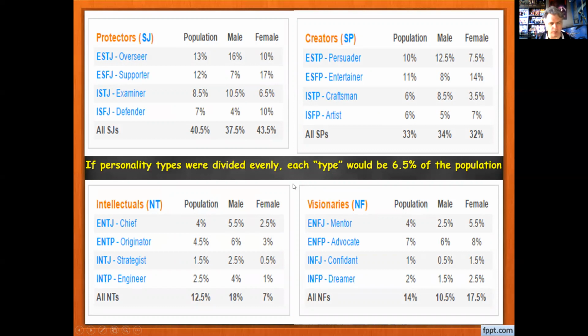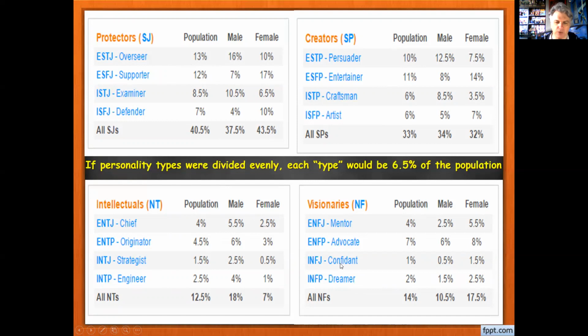Now, if personality types were divided evenly, everybody should be 6.5% of the population. But you'll notice the ESTJs and the ESFJs, 13 and 12 respectively, are much more overtly represented. And then you have some that are incredibly underrepresented, such as the INTJs, INTPs, INFJs, and the INFPs.